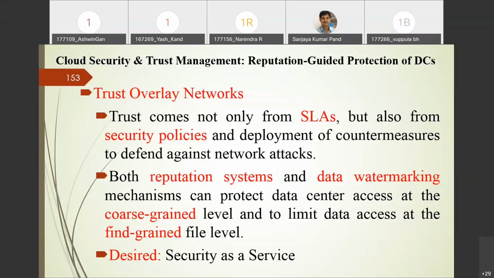So trust comes not only from the SLA but also from the security policies, right? So this trust and reputation will always come from the security policies. So you have to go for your inbuilt security policy. Like whenever we are purchasing a product from a particular organization, we are paying the money. Okay, we are paying through Google Pay or Phone Pay, or many sites are there which we are using to pay the amount to a particular online e-commerce site, right?